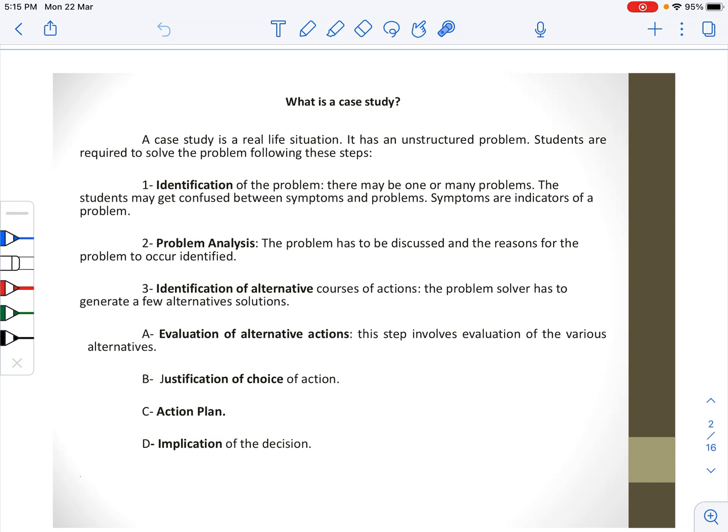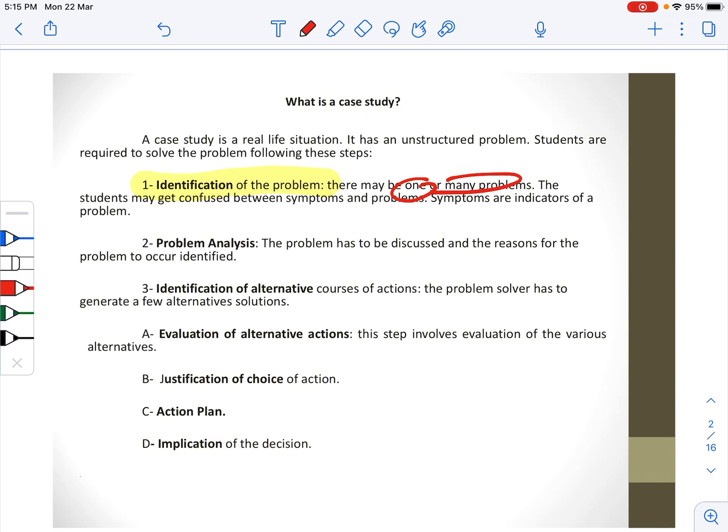First of all, when you want to solve a case study, you need to identify the problem. So first is identification of the problem. What is exactly the problem? Maybe there is only one problem, or sometimes there are many problems, so you need to read carefully in order to understand whether it is only one problem or many problems.